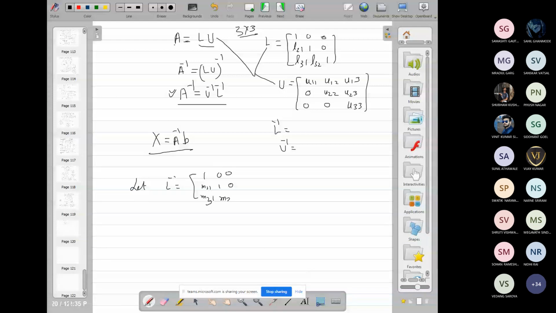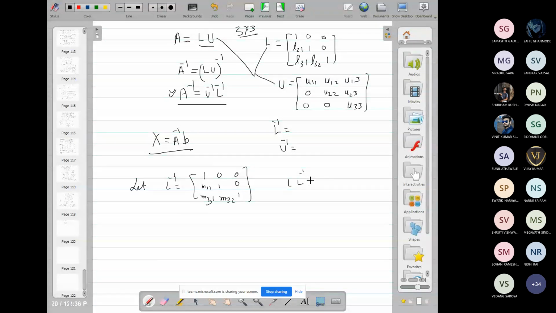This is a little off while writing, this 0 0. So then take L inverse equal to this.